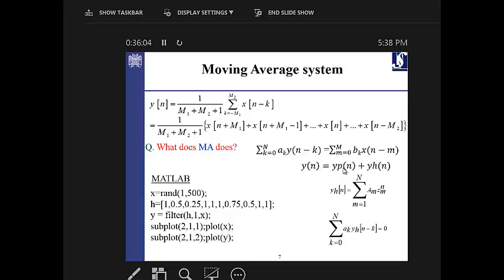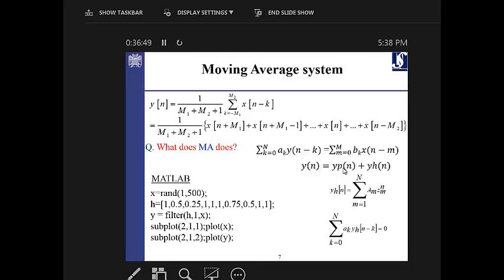Assuming that this is a signal that's changing across time 0, and it starts from M1 and ends at M2, then the size of this window is M1 plus M2 plus 1. If you put a rectangular window with the size of M1 plus M2 plus 1, this is the number of samples placed inside this rectangular window.